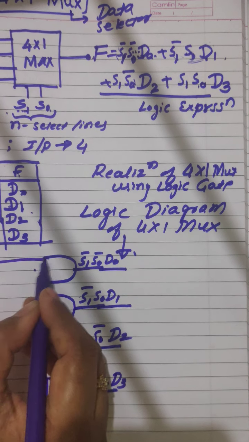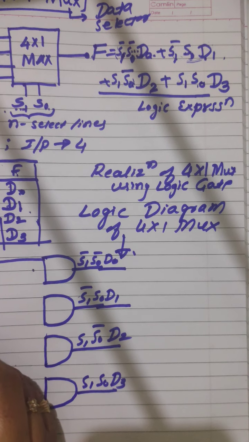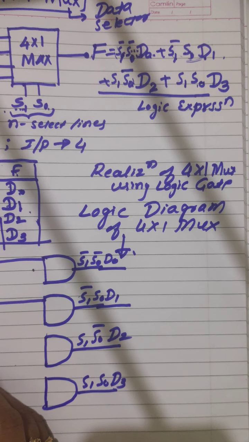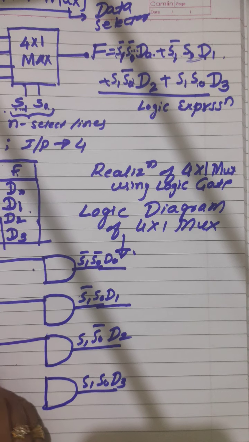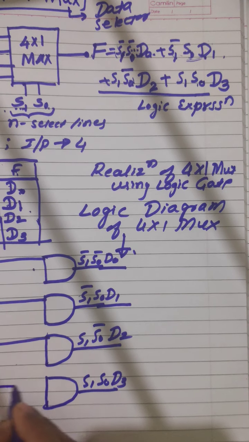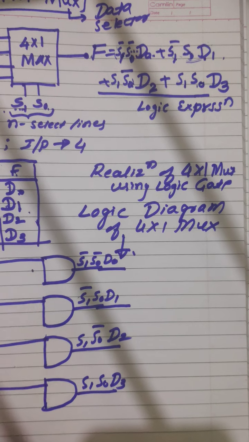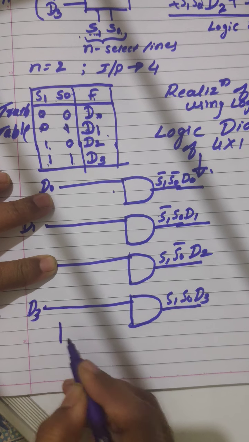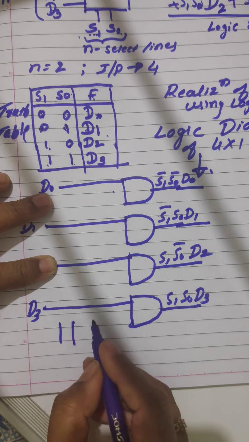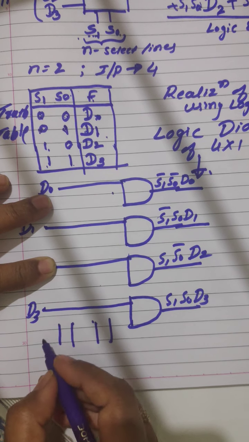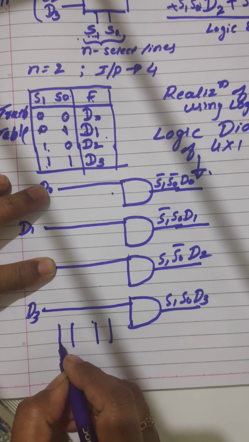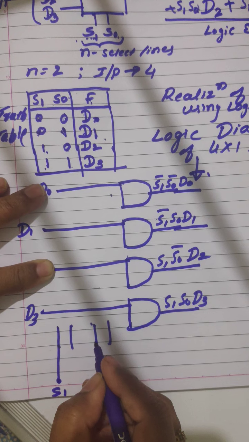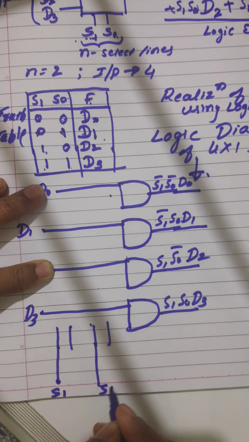So here D0 is connected. Next here we are going to connect D1. Next, to the third AND gate's input, D2 is connected. To the last one, D3 is connected. Now let us have 4 lines created here. This is the line for S1, and this is the S0 line.